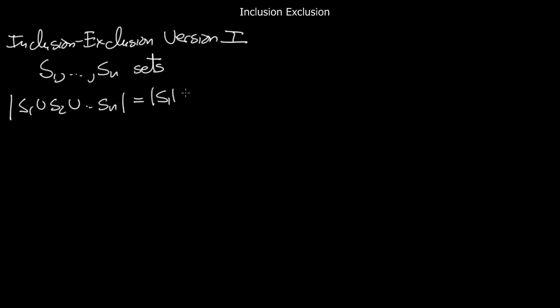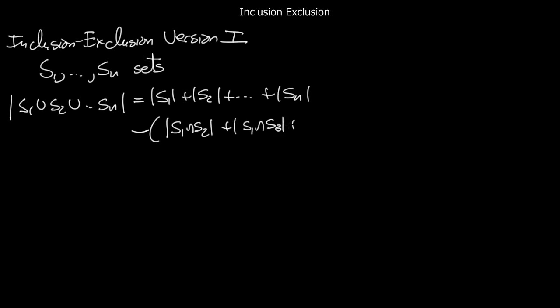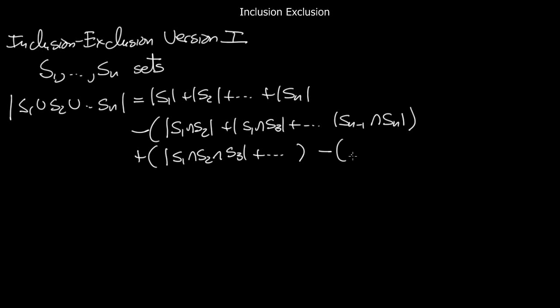Well, there's a formula, and the first term is the sum of the orders of each of the Si's. And then you have to subtract off the order of S1 intersect S2 and S1 intersect S3 and so on, all of the orders of intersections of pairs of sets. But then you need to add back in all the intersections of triples and then subtract off quadruples and so on, all the way down to the end.